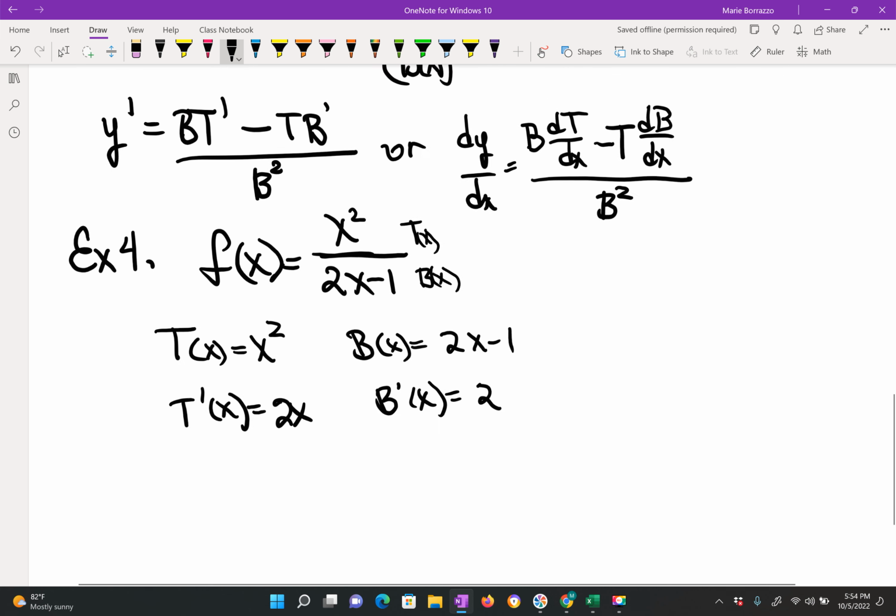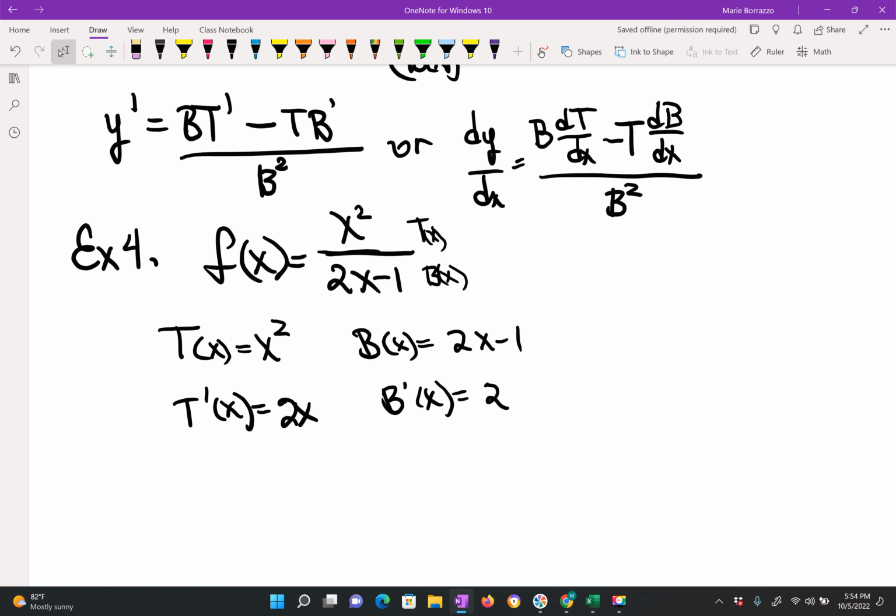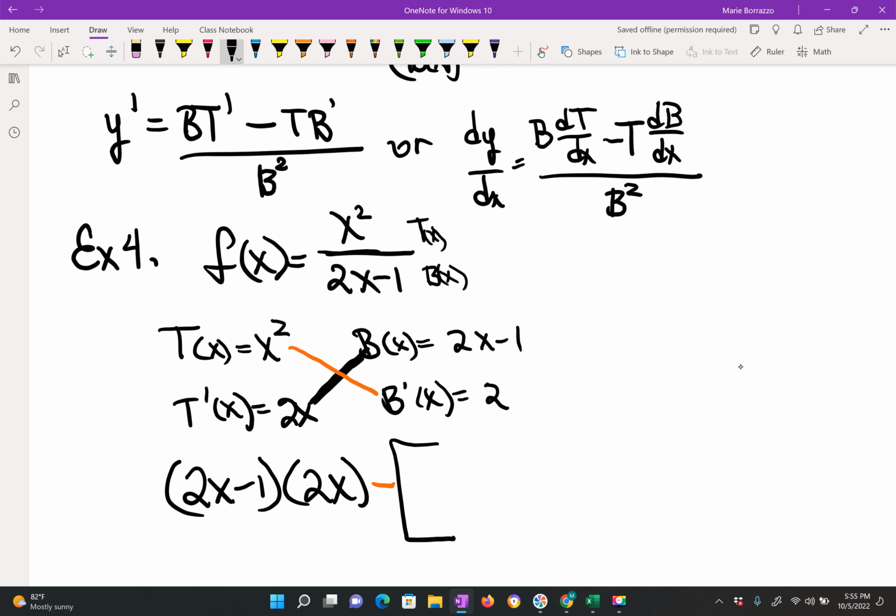So if you remember the formula, it's the opposite of the product rule, because it's this first. Notice that I have 2x minus 1 times 2x. So it's the opposite of the product. This one goes this way, I go opposite as well. So it's minus, and I like to do this because it's still a product. And I know this is simple because it's just simply x squared times 2.